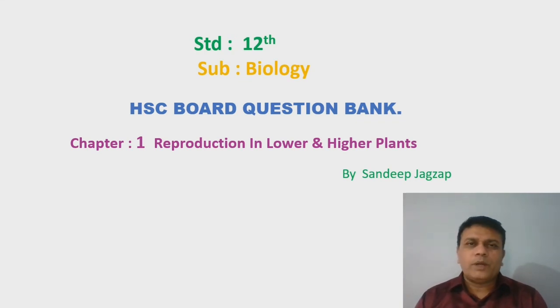Now question number 1 consists of total 10 multiple choice type questions carrying 1 mark each. That means there are total 10 multiple choice questions and their alternatives are given. So you will have to select the correct alternative from the given alternatives. In all, total 4 alternatives are given.